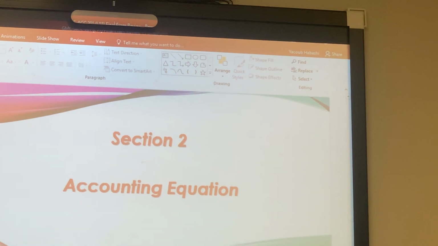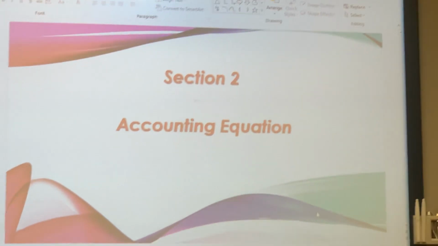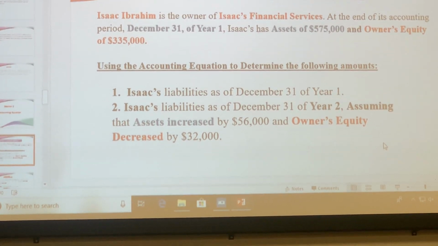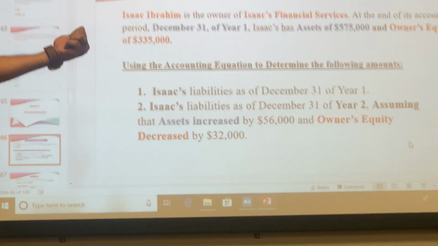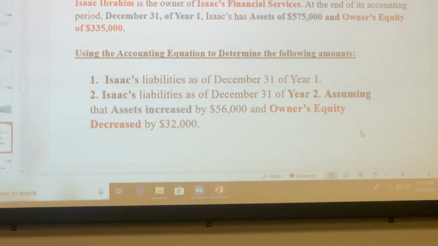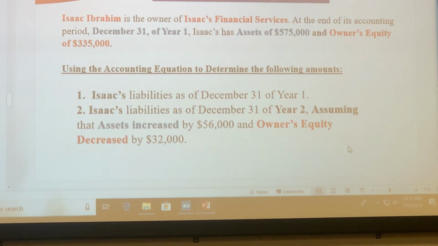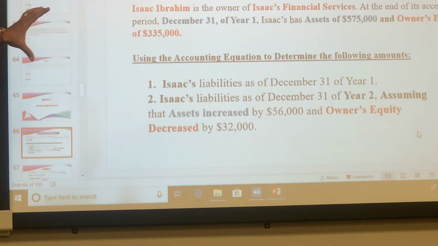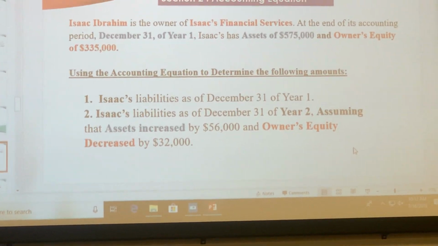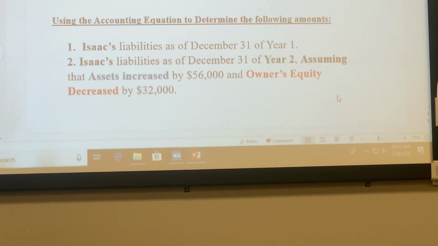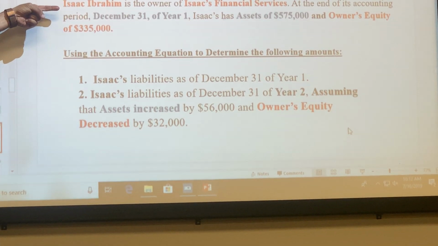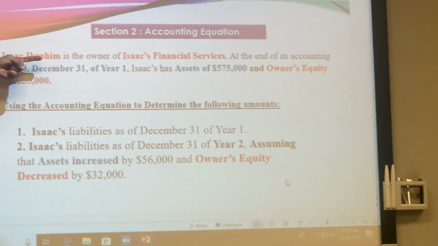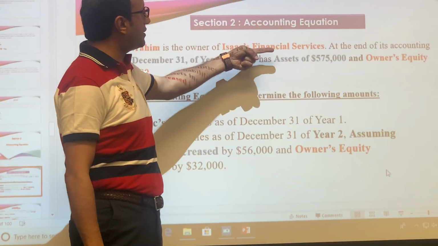Section 2, pay attention: the accounting equation. I will give you something like this in the exam, or as a table in the accounting equation. This section is the difficult part of the exam. I will make this section difficult to see who can get A or B or C. So, Mr. Isaac Abraham is the owner of Isaac Financial Service.